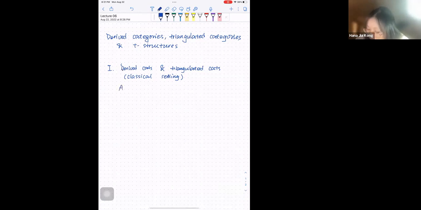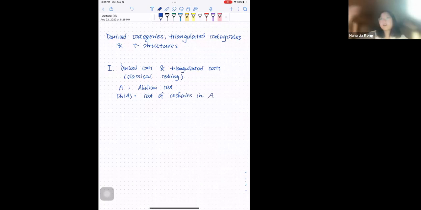We start with an abelian category, which I denote as A. If you have an abelian category, you can talk about the category of cochains in A. The objects are cochains and the morphisms are cochain maps. For example, an object is like this.